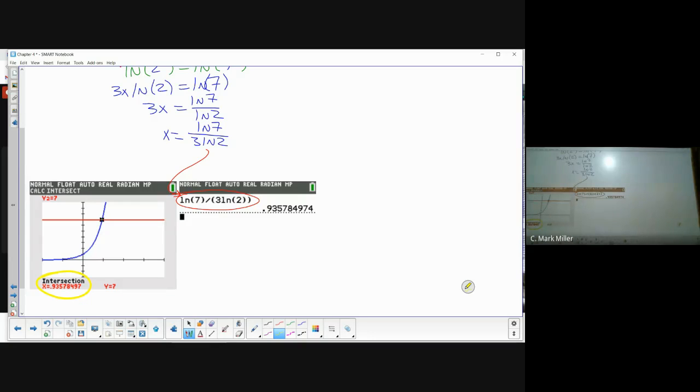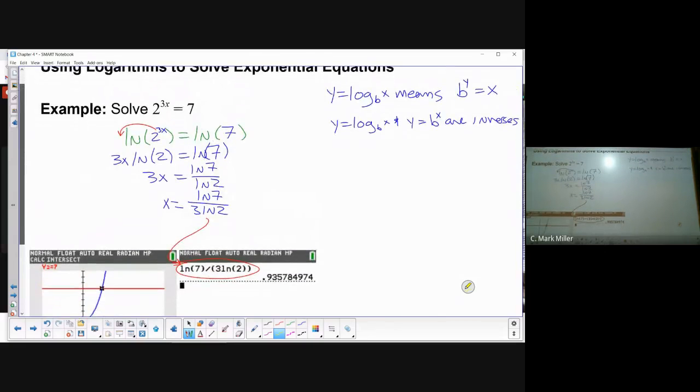Okay. Any questions on that before I go over what Diego was saying? Now, Diego, do you like using log base 2 or log base 7? 2. Perfect.